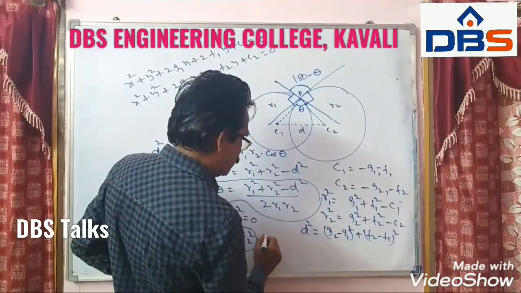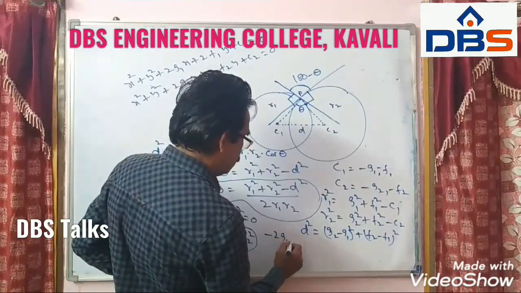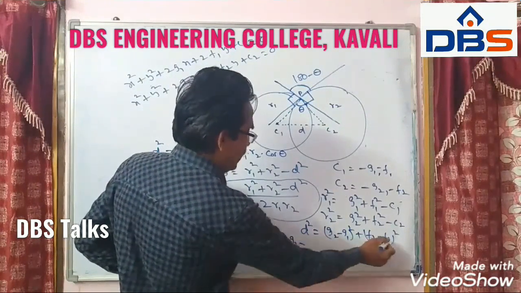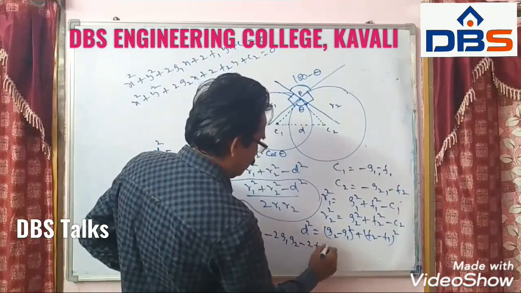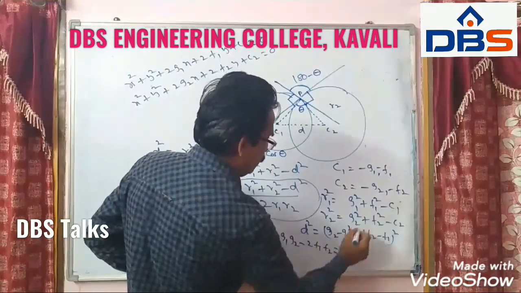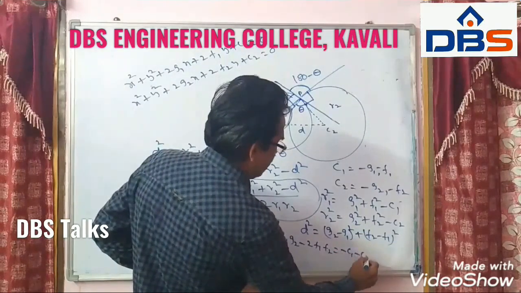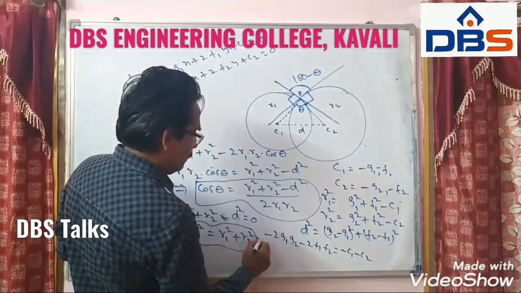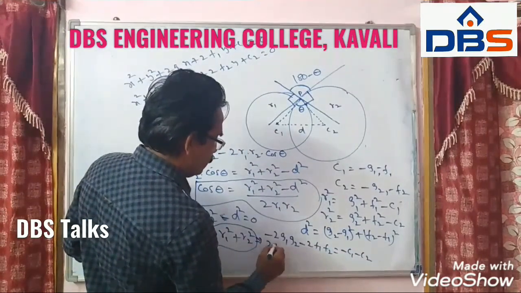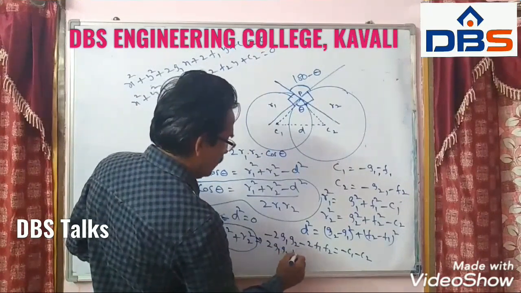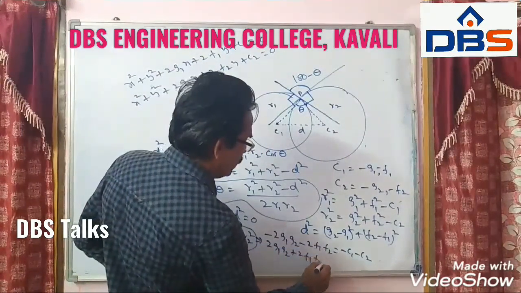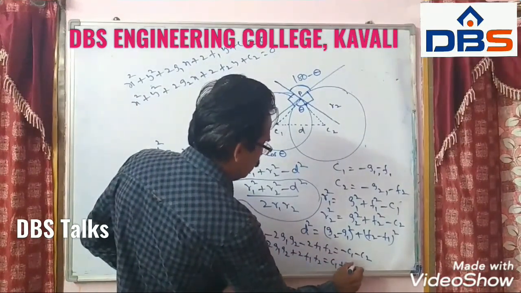Minus 2g1 g2 minus 2f1 f2 is equal to minus c1 minus c2. It implies 2g1 g2 plus 2f1 f2 is equal to c1 plus c2.